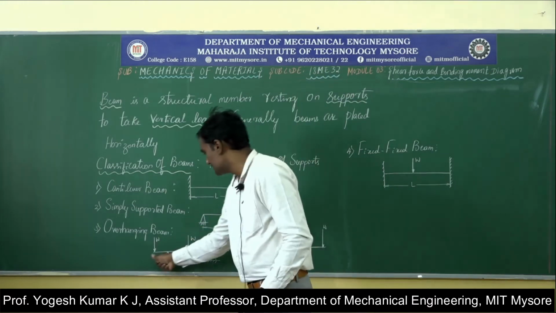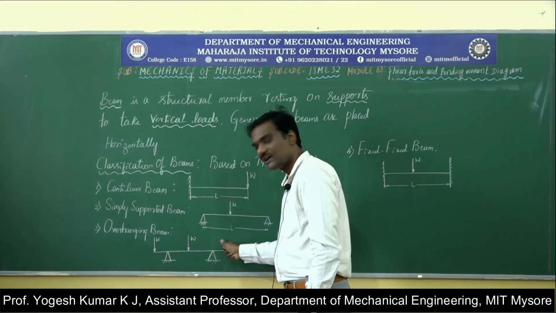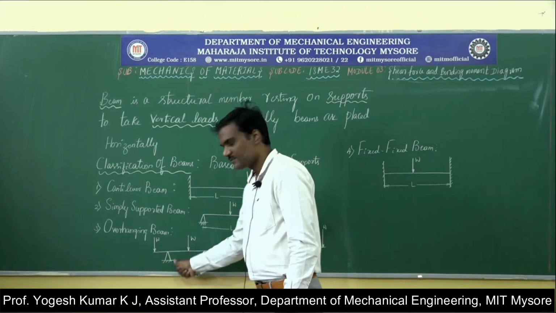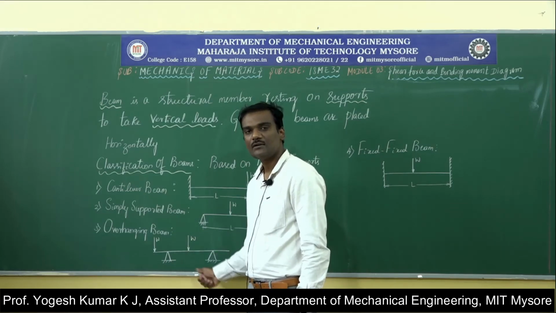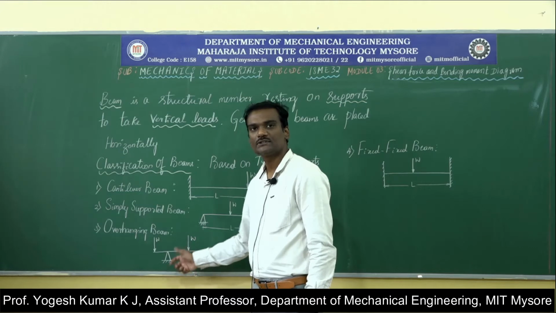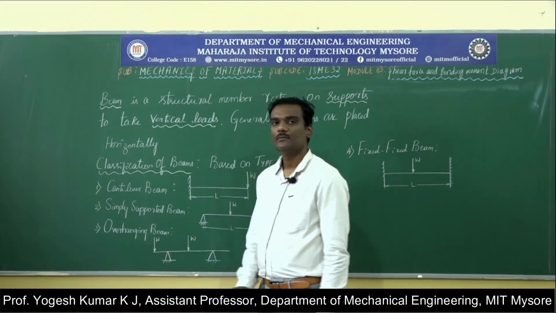This type of beam is called an overhanging beam. The overhanging is on both sides of the support. We can call that a both side overhanging beam.